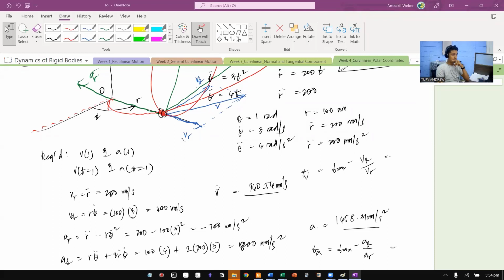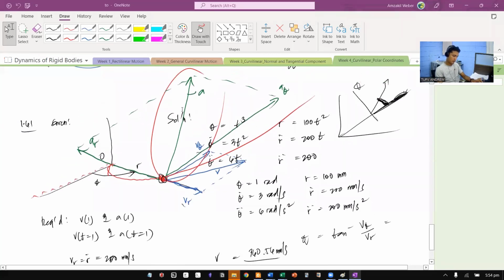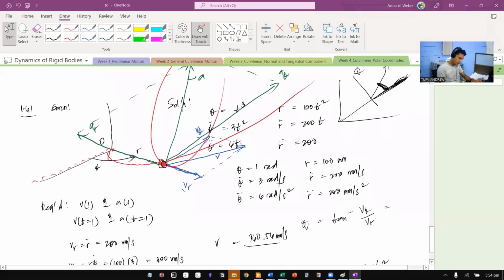For acceleration, negative 1/8 divided by negative 700, so negative siya. Okay, I'm waiting for directions now.